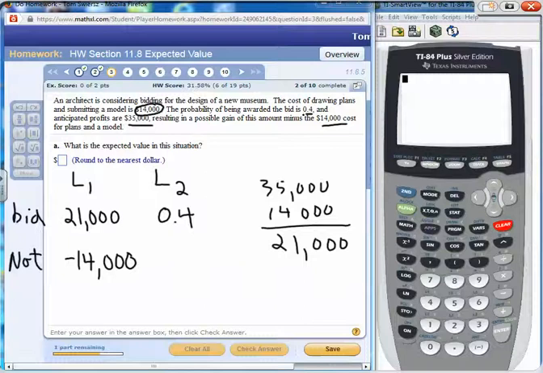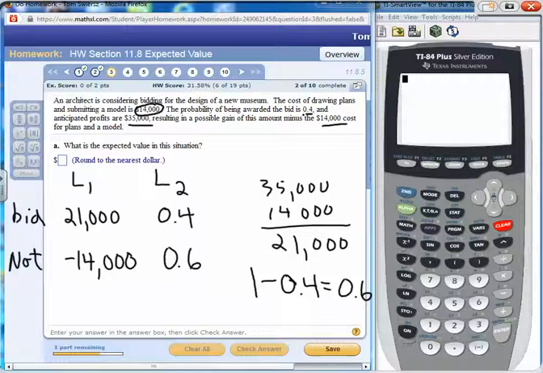So what you can do is subtract from 1 the probability of getting the bid, which is 0.4. So 1 minus 0.4 is 0.6. So the probability that they do not get the bid is 0.6.